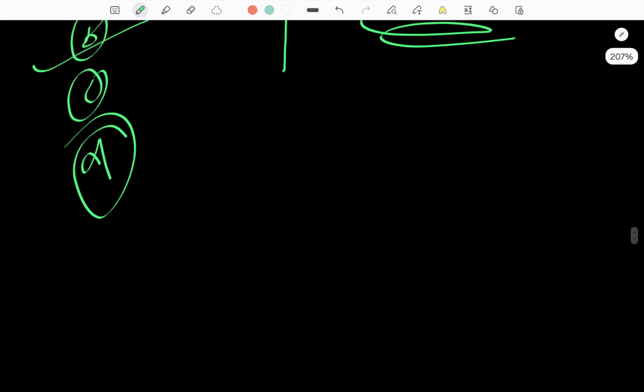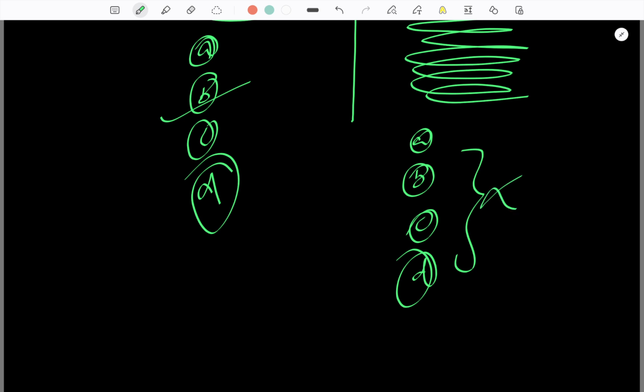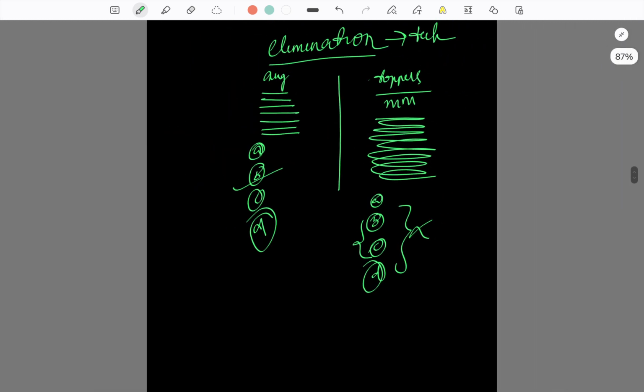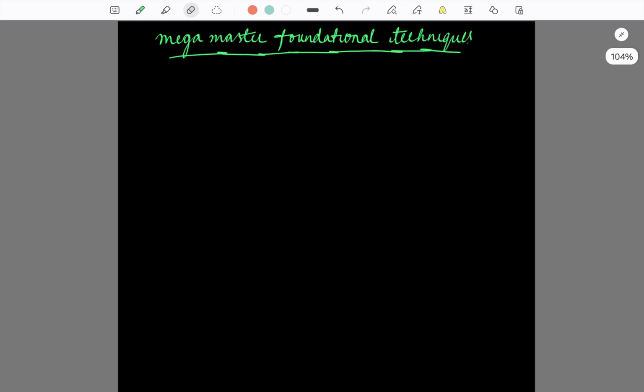After reading, ABCD will be there. From ABCD you need to eliminate two options. Then there will be two options remaining. It will be easy to find the correct answer for sure. So that's why the elimination techniques are very useful.